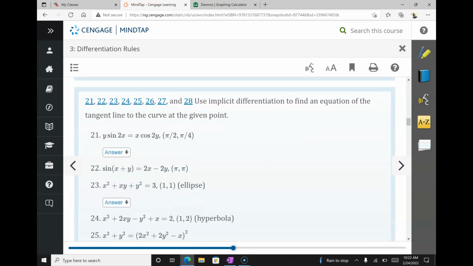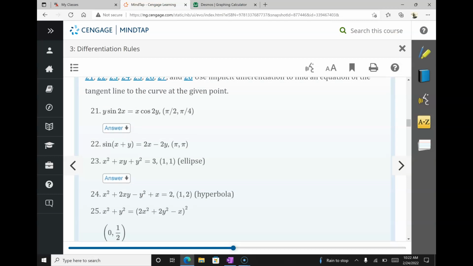Let me find it. I'm sorry. Here it is, number 23. Now, this one, I'll be careful there. It's hard to solve this for y, but it turns out that it's an ellipse.